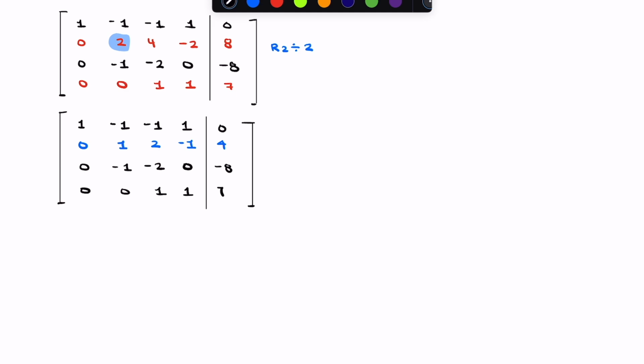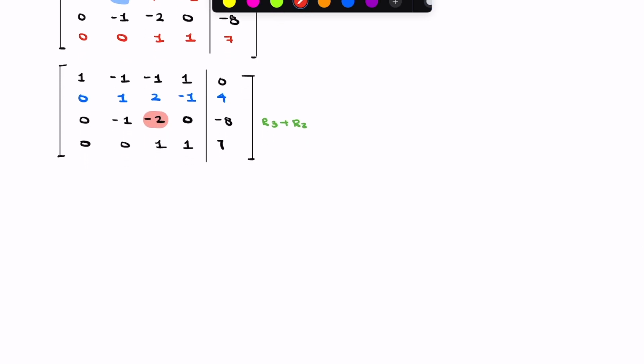Okay, so here, the next thing we'll look at is we will try to make this -2 into 0, and you'll see in a second why we want to do that. And so here we'll take row 3 and add that to row 2 to make that 0. So when we do that, what we get in terms of our matrices is 1, -1, -1, 1, and 0.